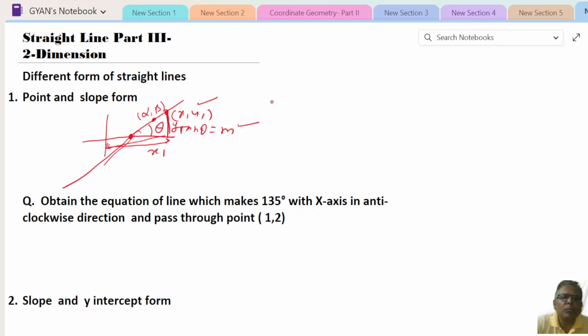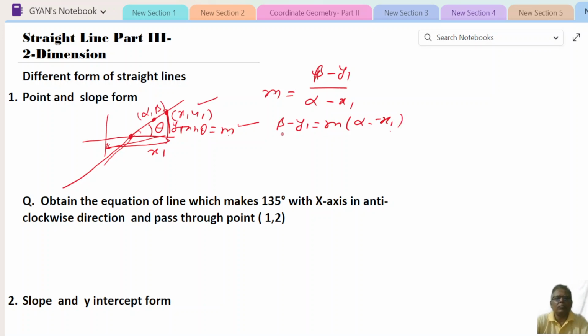Then from the slope two-point formula we know that m will be (beta minus y1) divided by (alpha minus x1). So beta minus y1 is equal to m into (alpha minus x1). Now replace the variable point with y and x. So this will be y minus y1 is equal to m (x minus x1). So this is the equation of a straight line.